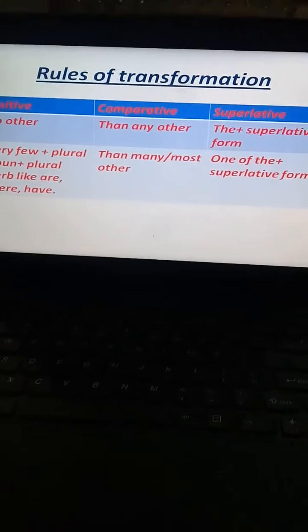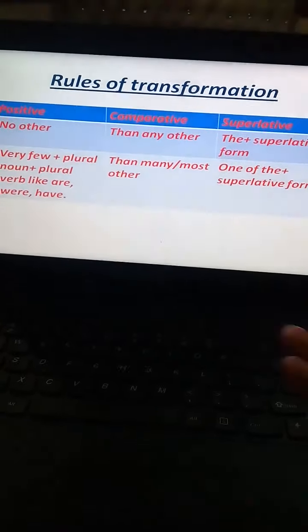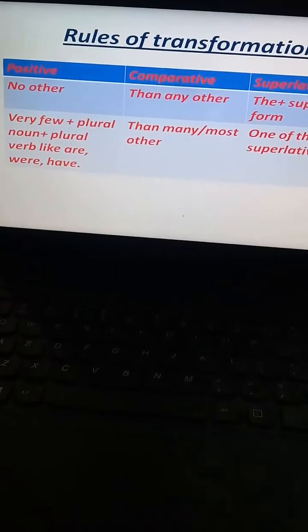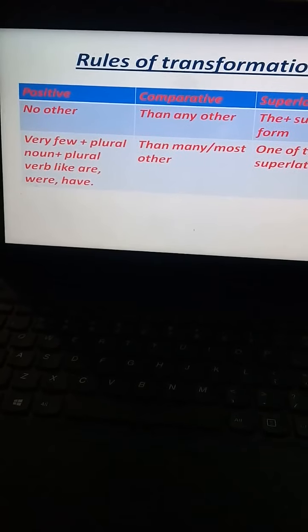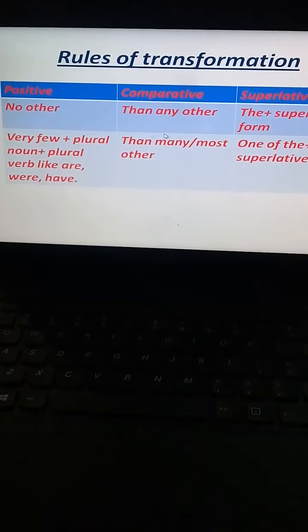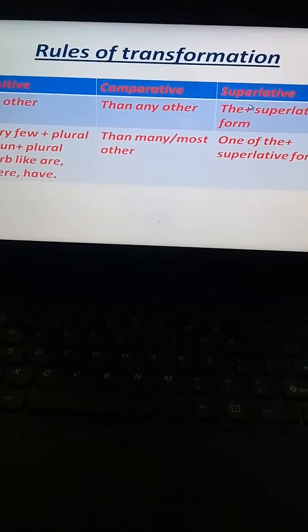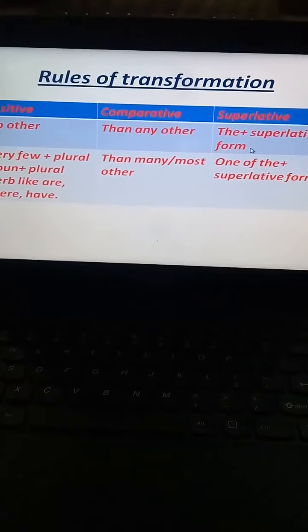Okay, now in this slide I will show you a brief description of the rules that I showed in the earlier slide. If you find no other in positive degree, then you have to write than any other in comparative degree, and you have to write article the with the superlative form in superlative degree.